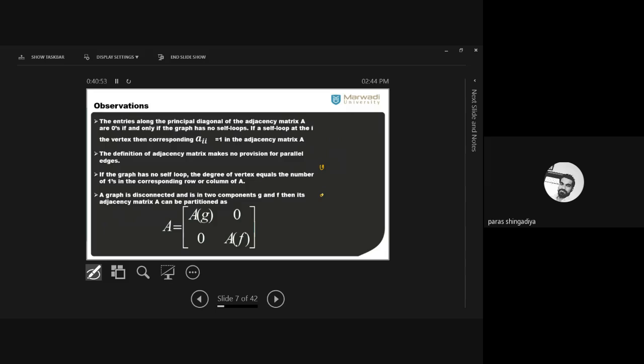Any two graphs I have considered here are each a complete graph but disconnected from each other: A, B, C, D, E, and F. Clear? 6 vertices in the graph, but it is disconnected. They are in disconnected form. So this type of matrix you will get when we derive the adjacency form.